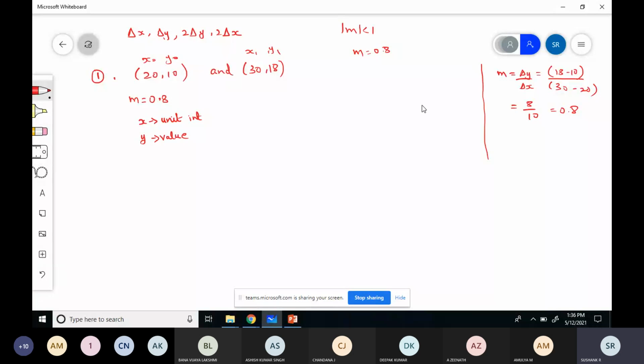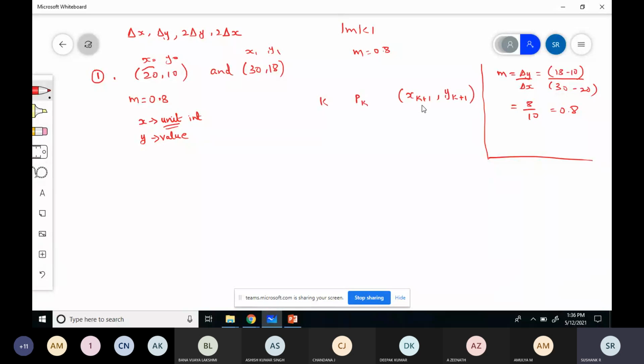So now I'll just plot a few points. Here I need k, pk, then this point x of k plus 1 comma y of k plus 1. So in our example, x is moving in unit interval. So the difference between any 2 points will be 1 only.